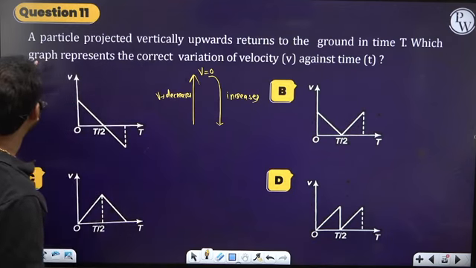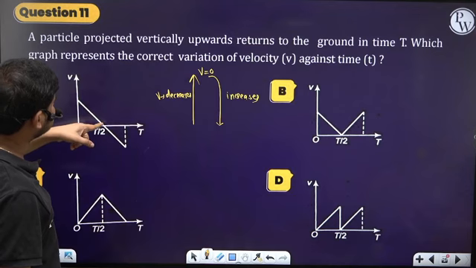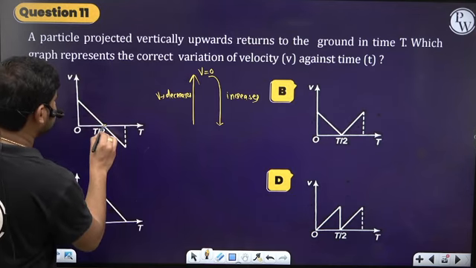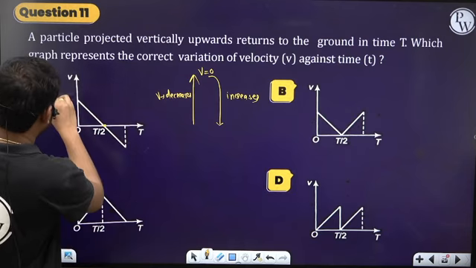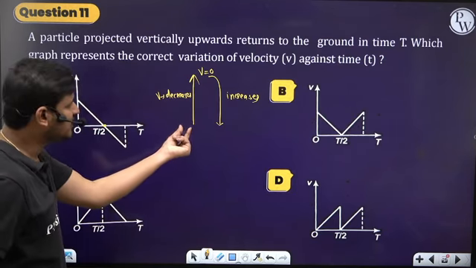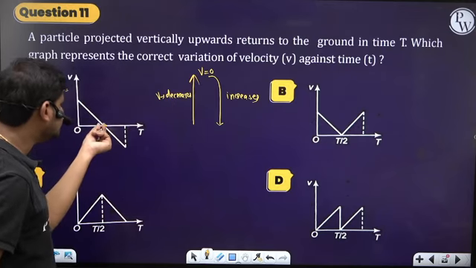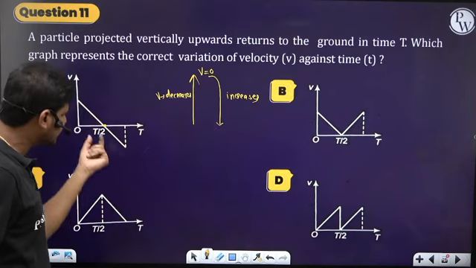So see here, first velocity versus time. The velocity is decreasing, becoming 0 at some point, and again in the negative direction the velocity is increasing. See here. So this is the correct one. Velocity first decreases while going up and becomes 0, and while coming down it again increases in the negative direction.